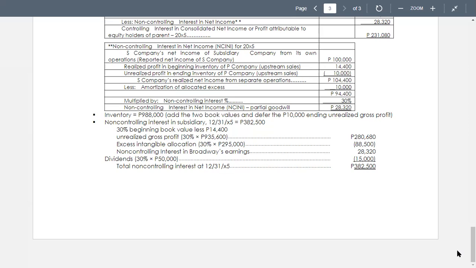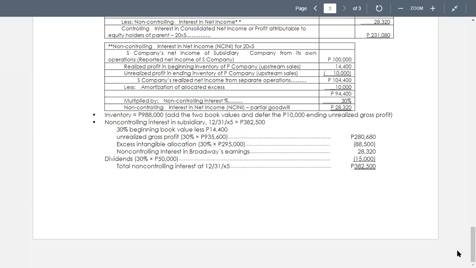Half of these goods remained unsold in Arid's inventory at the end of the year. Income statement information for Ren and Arid were as follows. So we have sales, cost of goods sold, operating expenses, and separate income given for Ren and Arid.